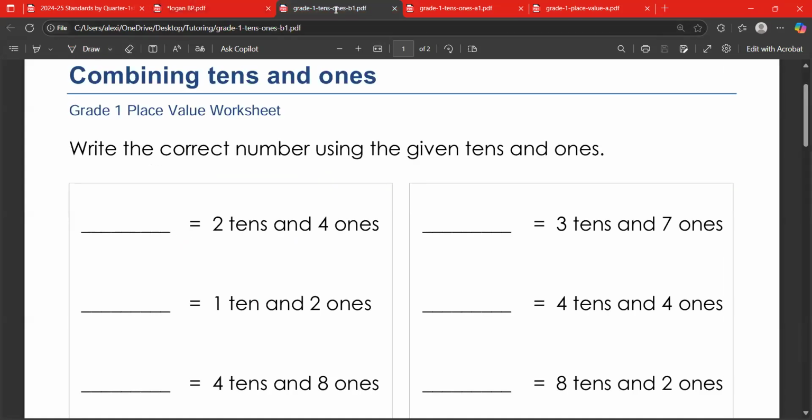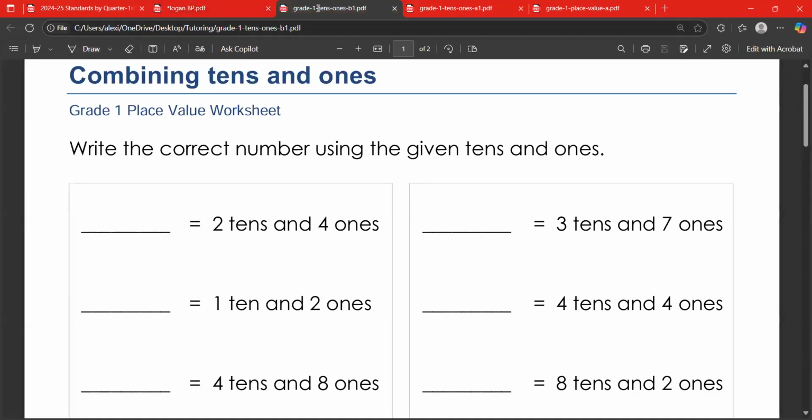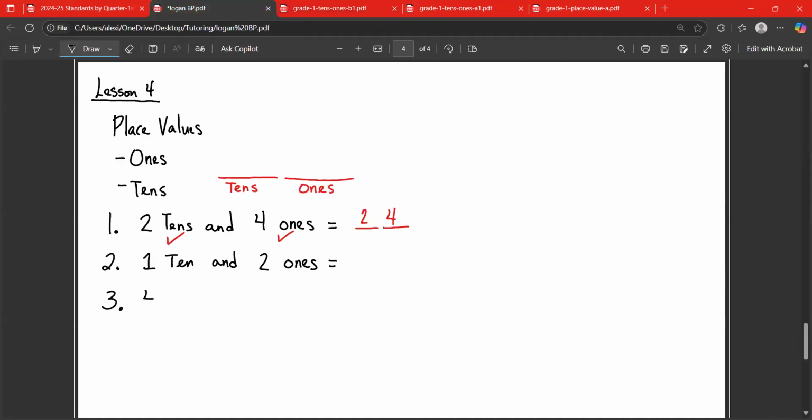Let's do 1 ten and 2 ones. I tell you what, let's write out another example before we do this one so we don't have to click back and forth. And let's also do 4 tens and 8 ones.